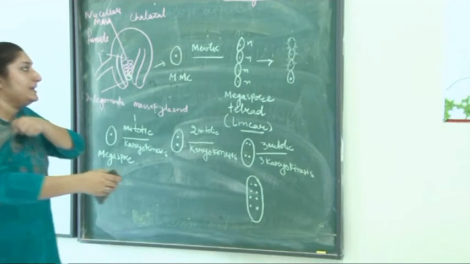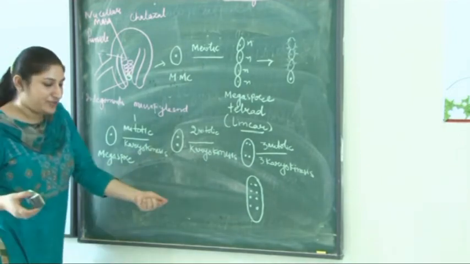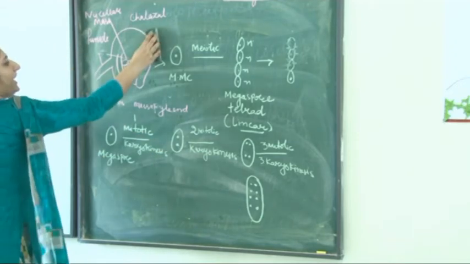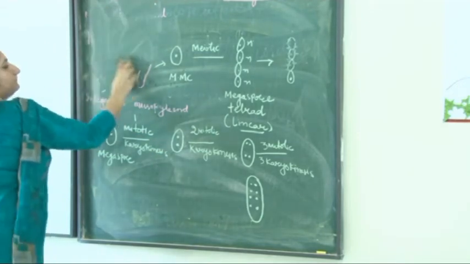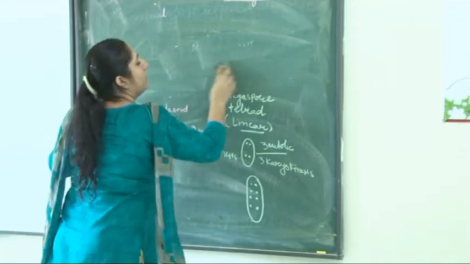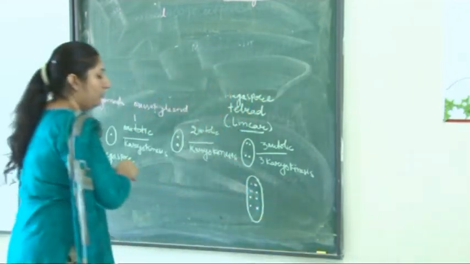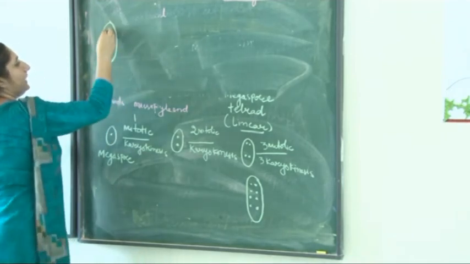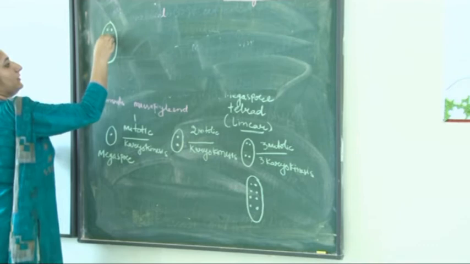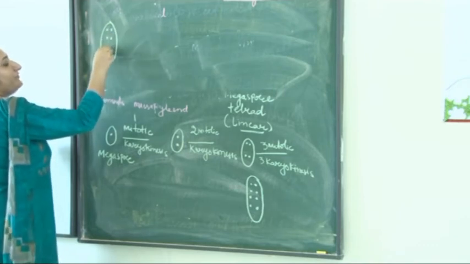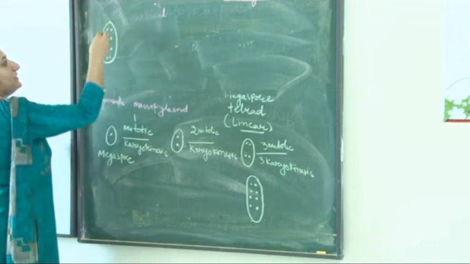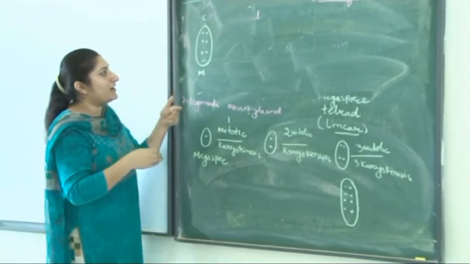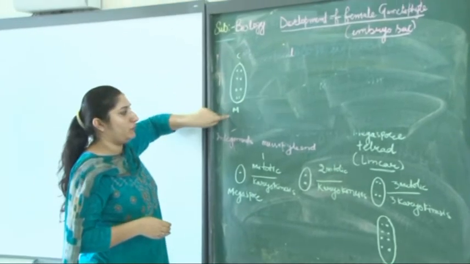Now we will see what changes take place in this structure. This cell has 8 nuclei. These 8 nuclei will rearrange themselves towards the chalazal end and the micropylar end.